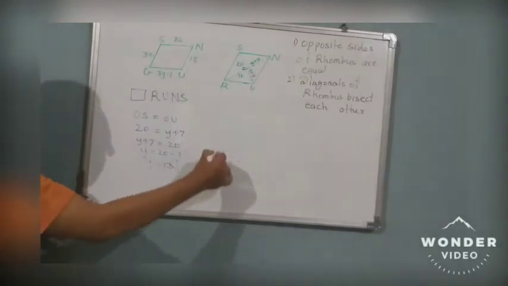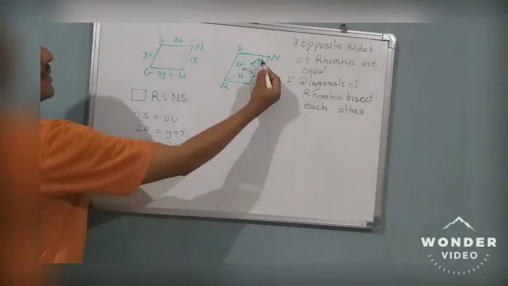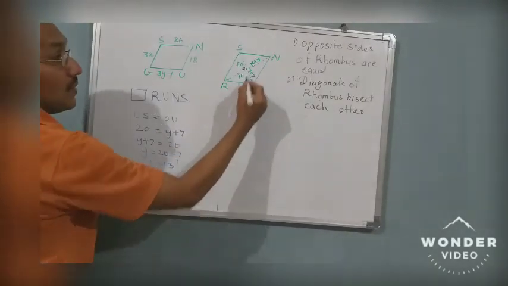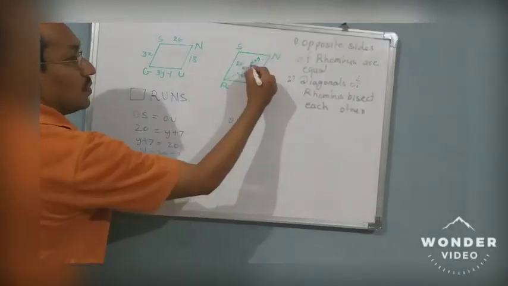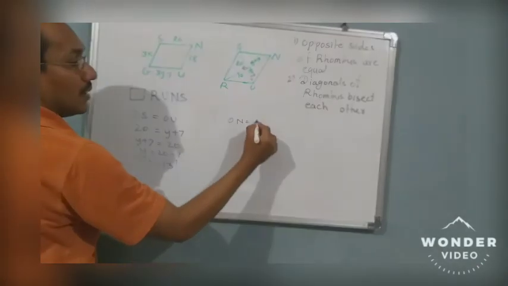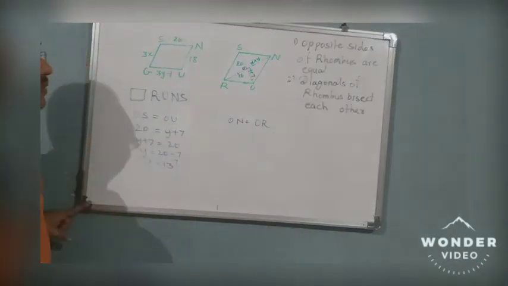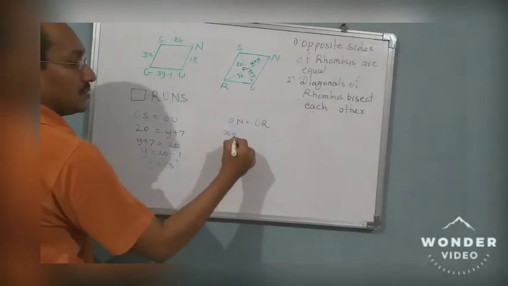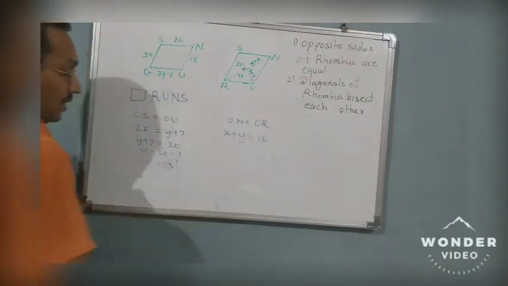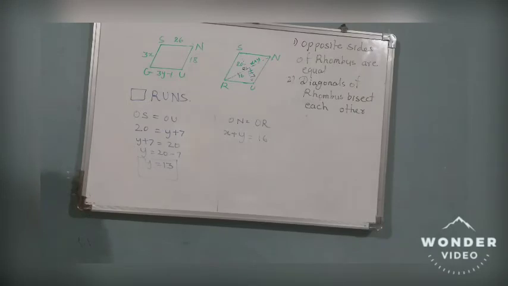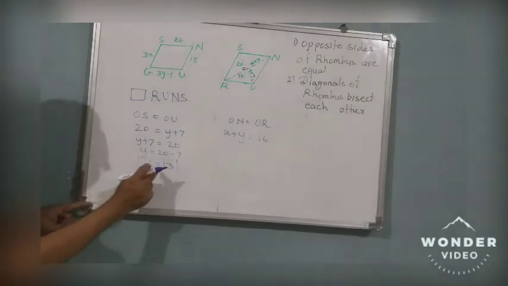Second, now I am going to find another part, x plus y. Here ON is equal to OR. What is ON? It is x plus y, and that is equal to 16. Now you can see that we do not have x, but we have found the value of y.